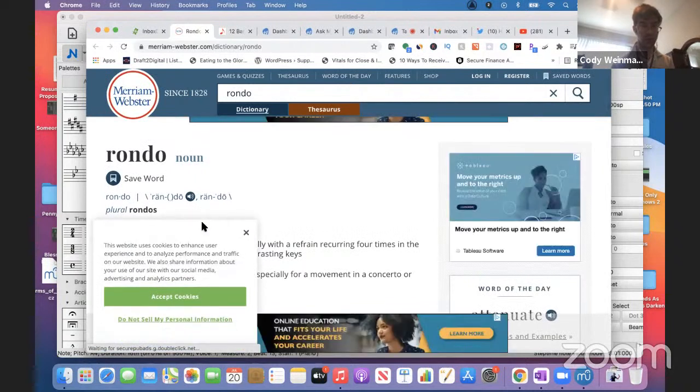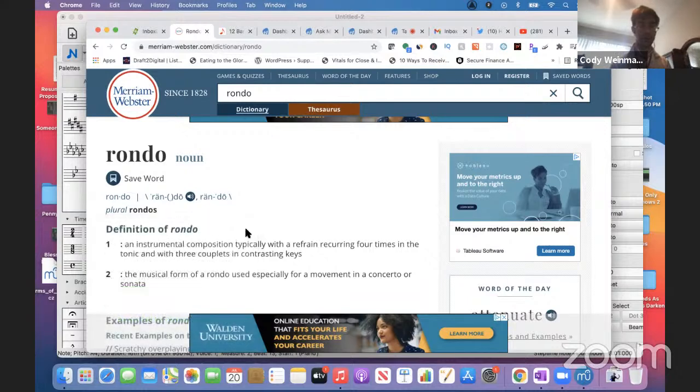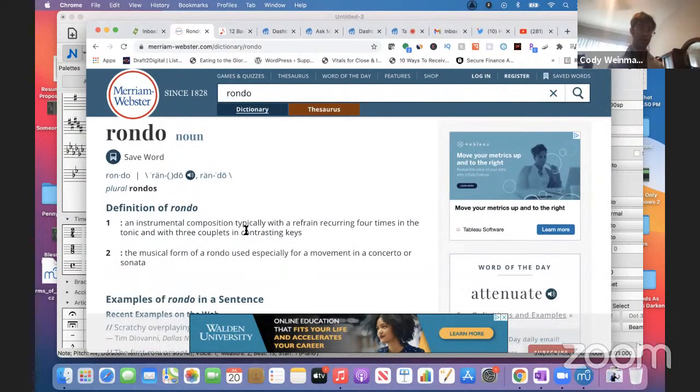It's still instrumental in composition with the refrain recurring, a four-line refrain. Actually, the refrain recurs four times in the tonic with three couplets in contrasting keys. So it's a little different than sonata.